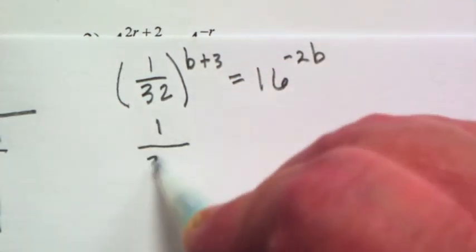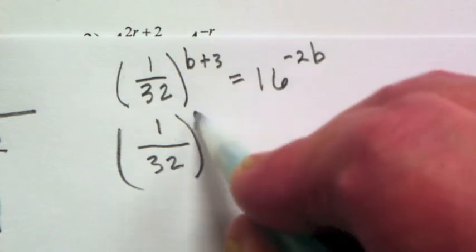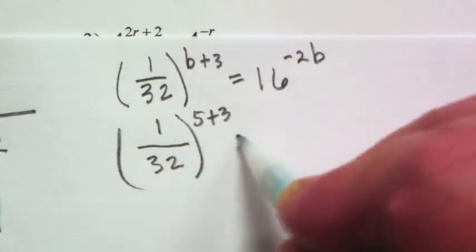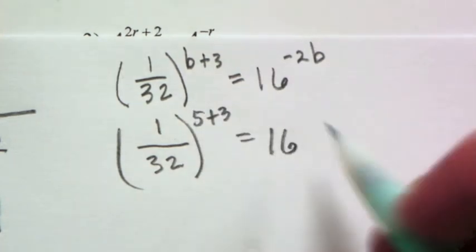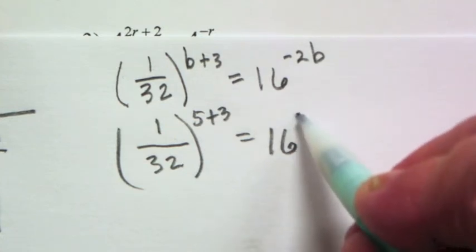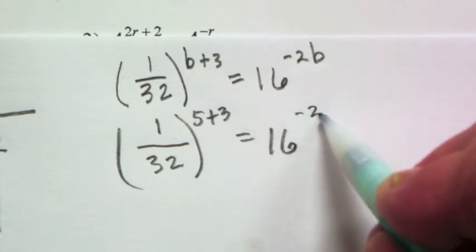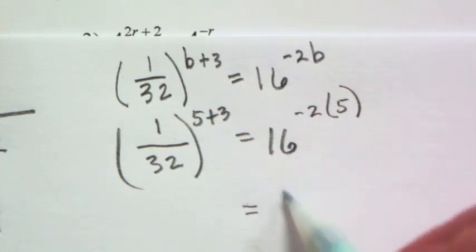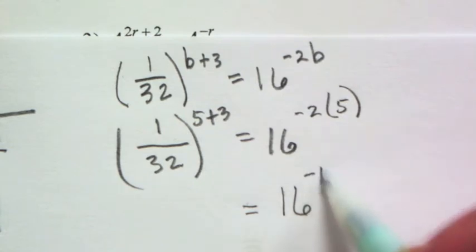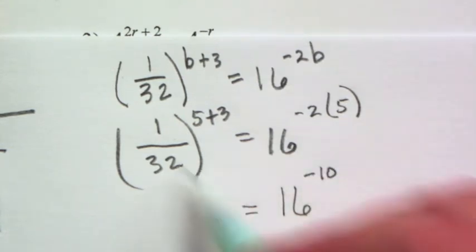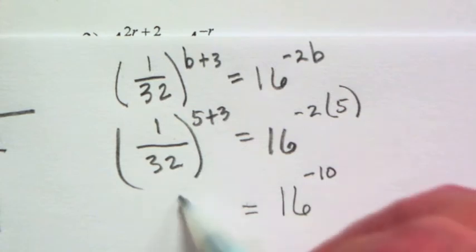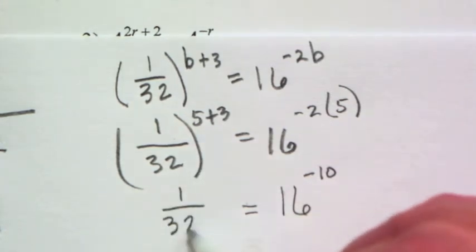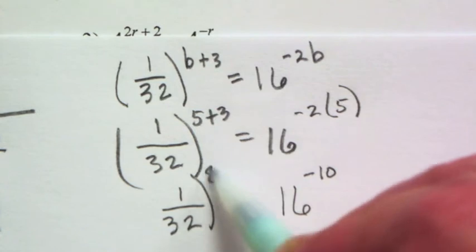I get 1 over 32 to the 5 plus 3 equals 16 to the negative 2 times 5. Now, let's see what this does right here. Simplify on the right, we got 16 to the negative 10. And on this left side over here, we have 1 over 32 to the 8th.